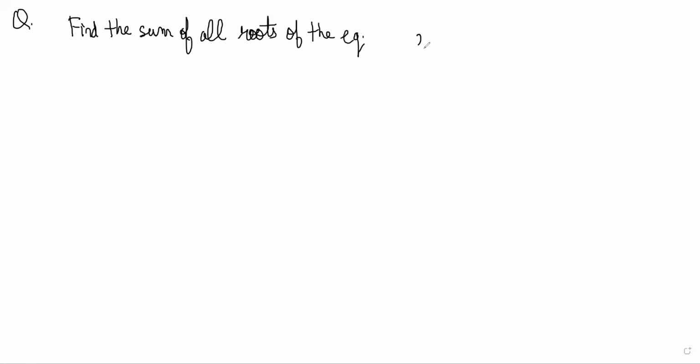Then let's try this one. Find the sum of all roots of the equation x power 2001 plus half minus x power 2001 is equal to 0.